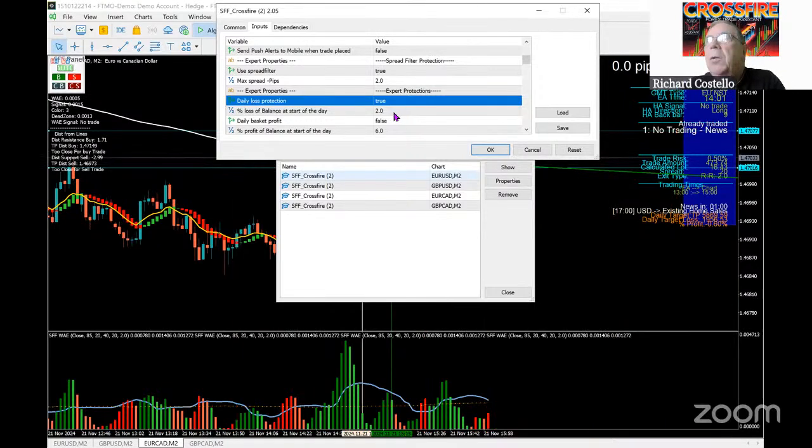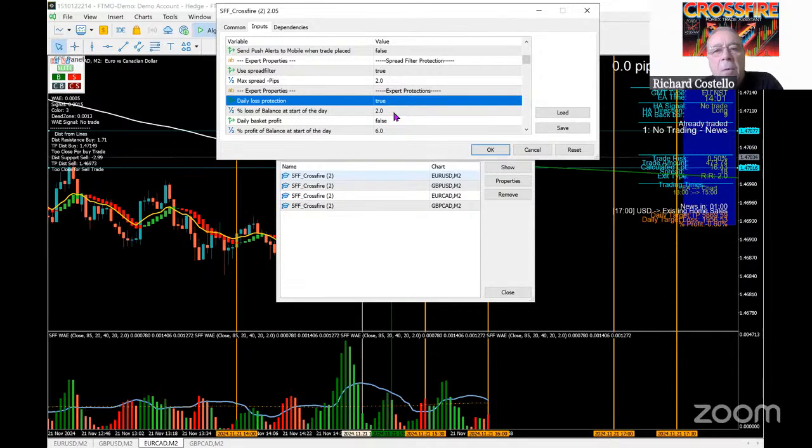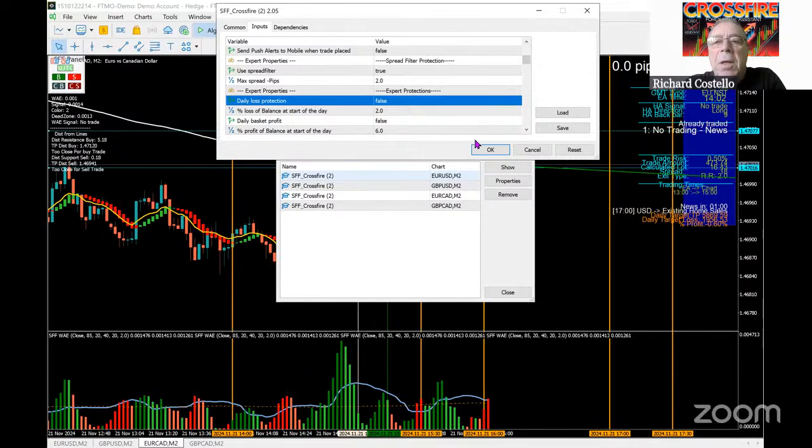And that will mean that if all 4 pairs go against you and you lose 0.5% on each of the 4 pairs, you're going to lose a maximum of 2%, and your trading assistant will not let you trade. It simply will not trade until tomorrow. So I've had to turn this to false, otherwise it wouldn't let me trade on this live session.